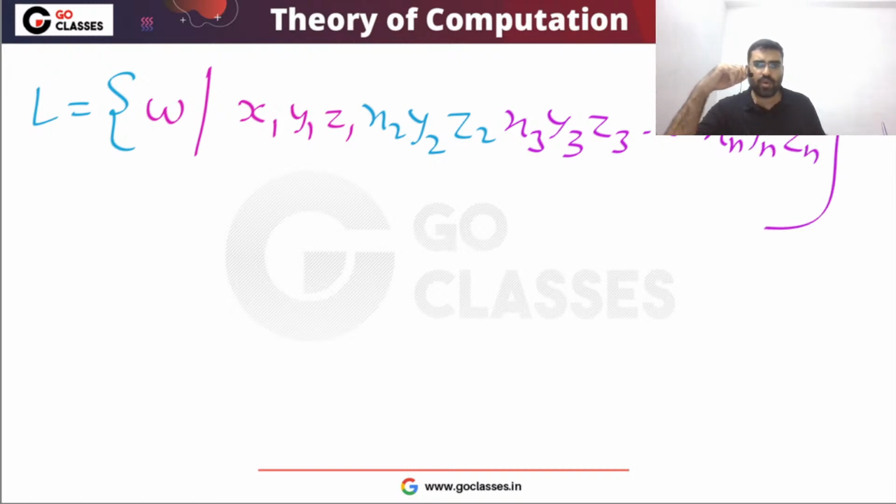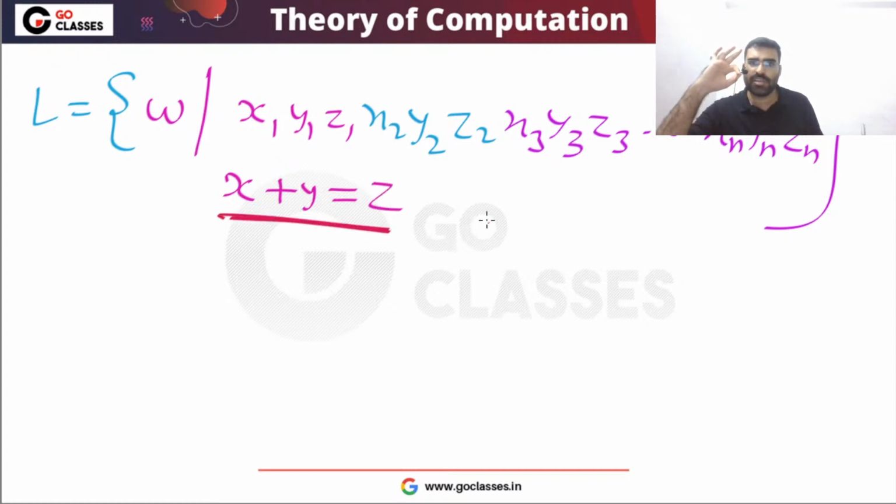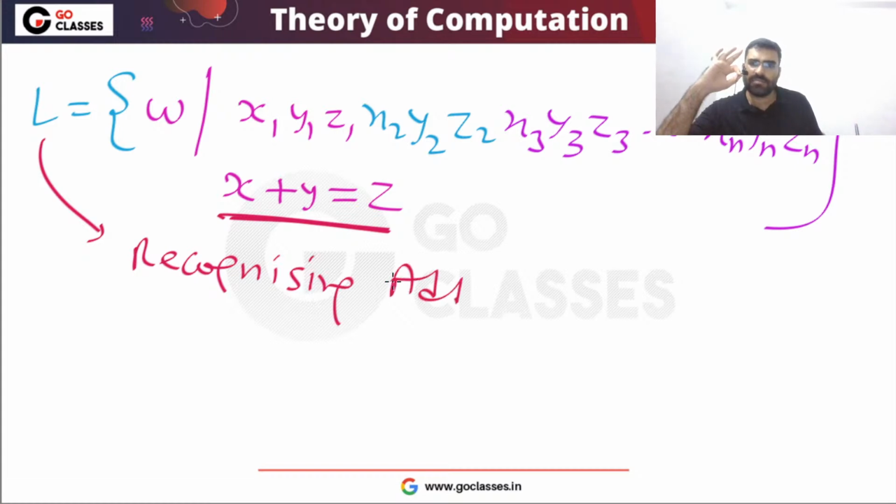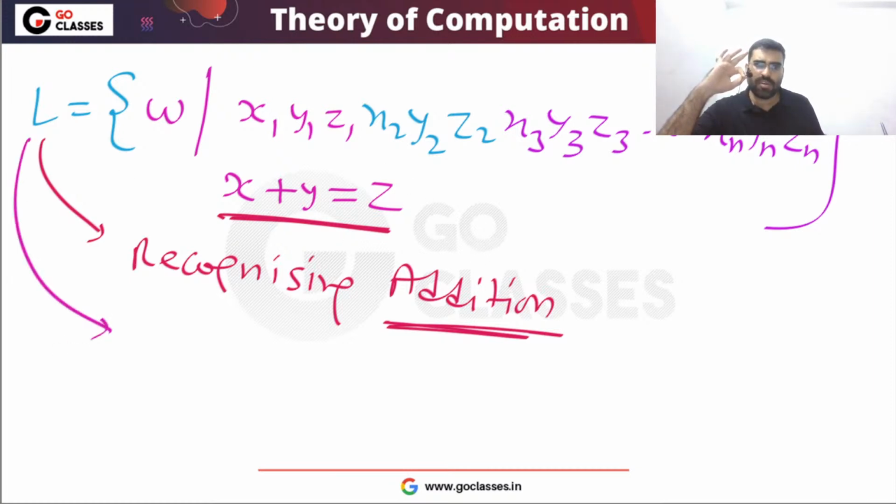This language we have already seen, x plus y equal to z. Here you can notice x plus y equal to z. So this language is recognizing addition, and we already know this language is regular.